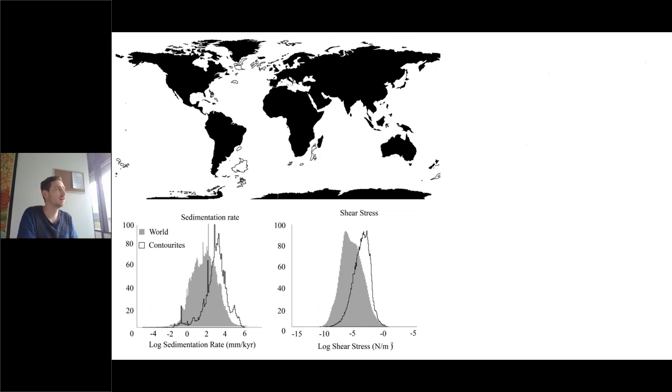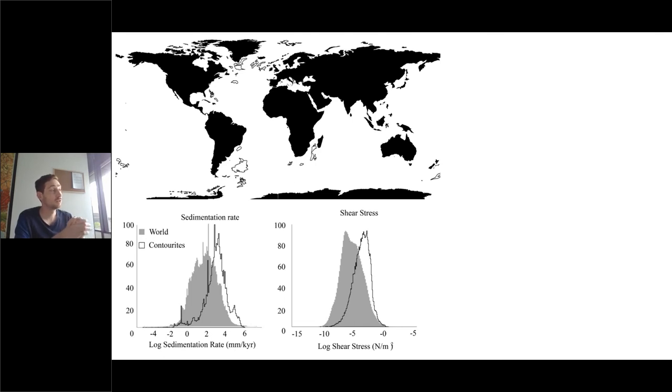Now, what does this really look like? This is a figure that has the Contourite Atlas on the top, and on the bottom it shows some frequency histograms of the sedimentation rate and the shear stress. Both of these parameters are log normally distributed, which means that if you put the x-axis on a logarithmic scale, then you get these really nice normal distributions.